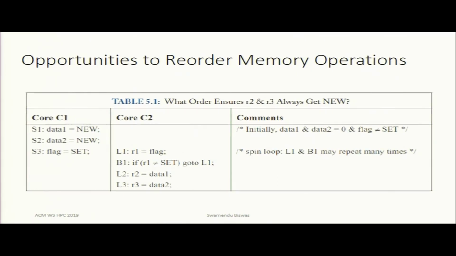Now think of it this way. What core C2 needs to see is that if it sees the flag as set, it just needs to see the correct values for S1 and S2. Do you agree with me? For C2, if it sees the flag as set, it just needs to see new for data 1 and data 2 as well. That is the semantics.